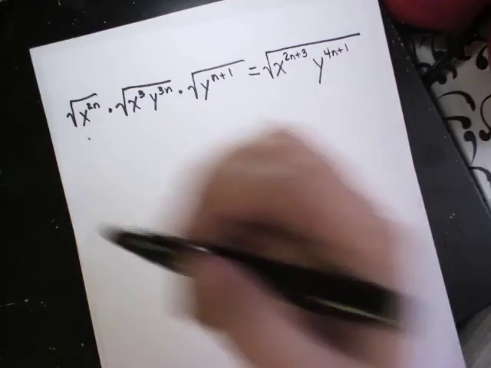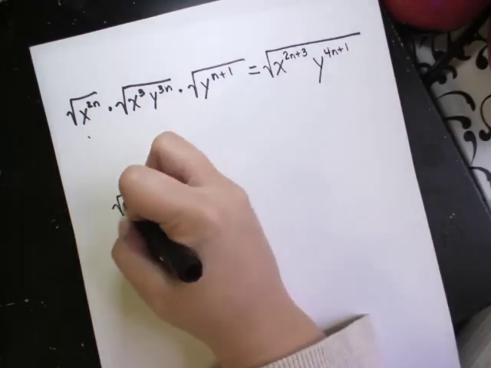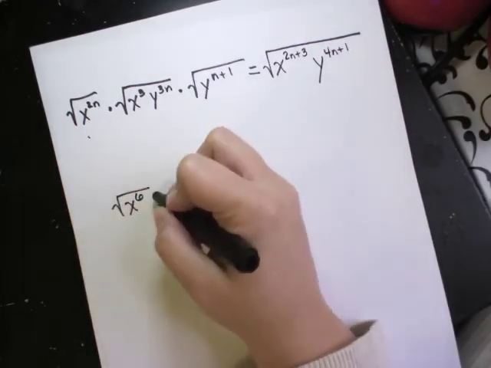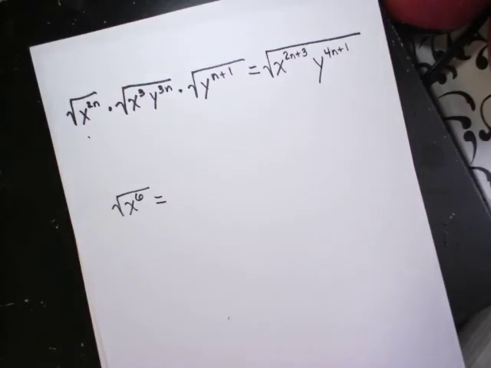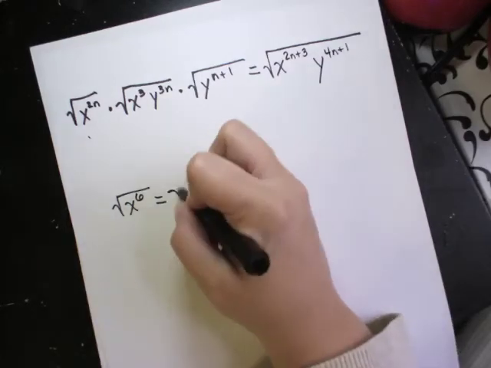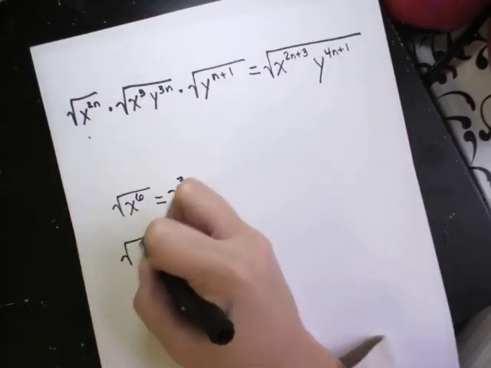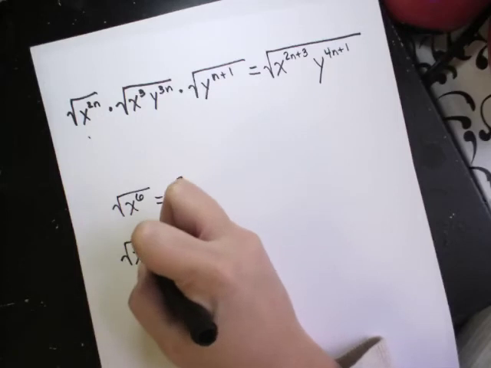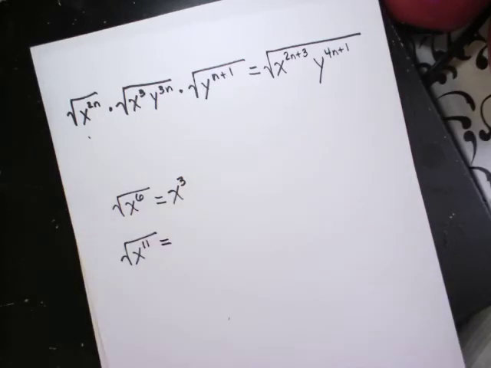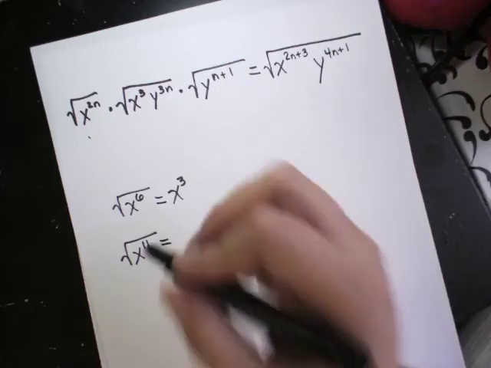If we have the square root of a variable with an even exponent, we know that we can just cut it in half, right? Now, if we have the square root of a variable with an odd exponent, what did we learn in the last section that we need to do? How many do we take off of it? Yes, we always just subtract 1 to make it even, right?